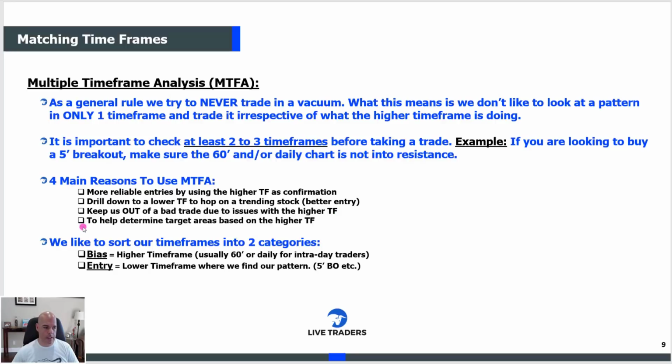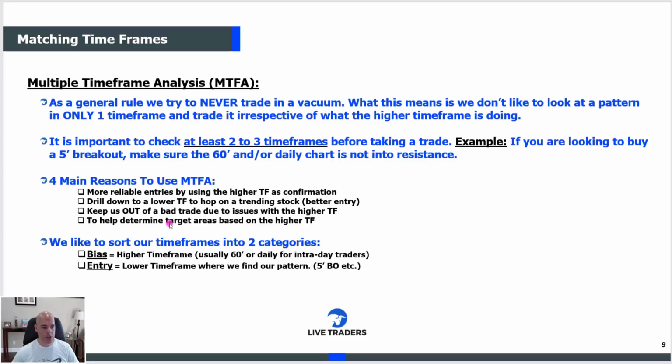Okay, and then obviously it will help us determine our target areas based on what the higher time frame is doing. Guys, when you read those 4 bullet points, more reliable entry, which means more money; drill down to a lower time frame to get a better entry, which means more money; keeps us out of a bad trade because the higher time frame stinks, which equals saving money, which equals more money.